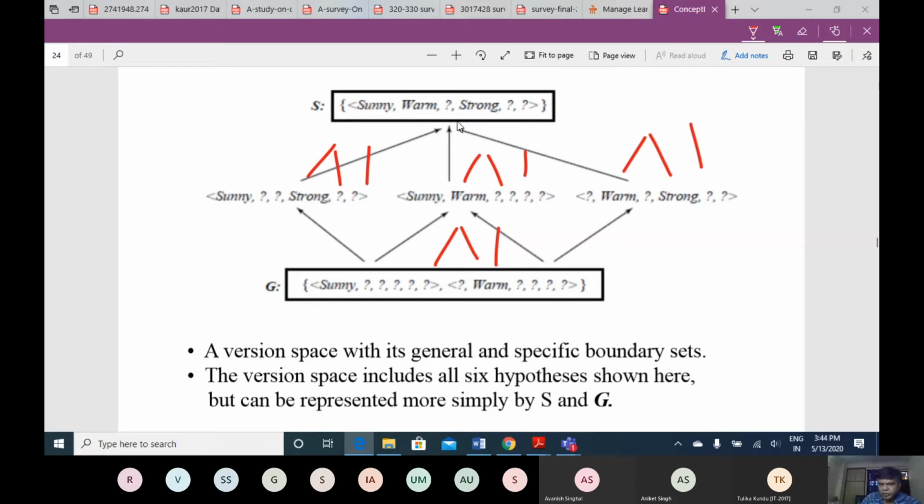If the specific boundary contains only zeros and the general boundary contains only question marks for all possible values, that is the most distant boundaries.